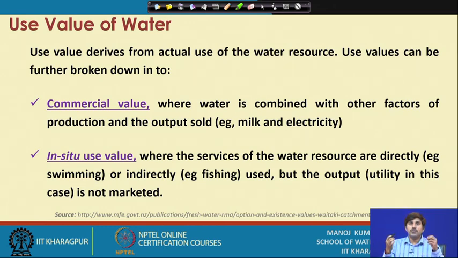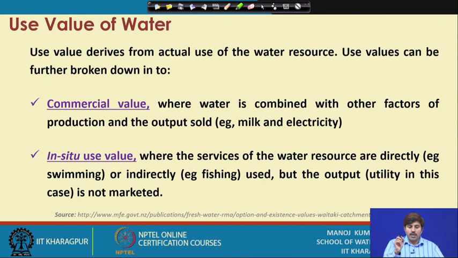Then there are in situ use values, or you can say the non-consumption values also, where water is not being consumed, it is in its in situ stage only. However, the benefits are derived from its in situ use. So, where services of water resources are used directly, like swimming, or indirectly, like fishing, but the output is not marketed.